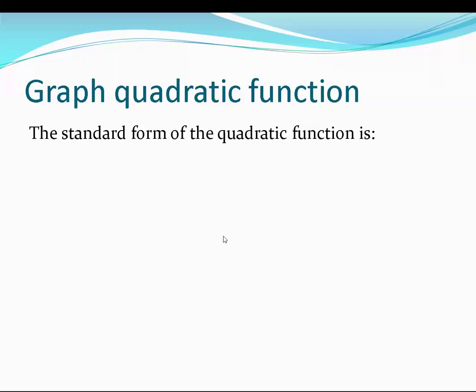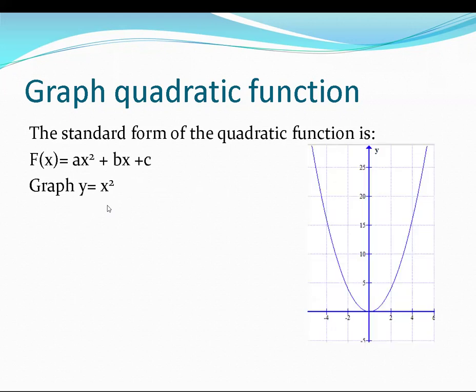Graph quadratic functions. The standard form of a quadratic function is f(x) equals ax squared plus bx plus c. Graph y equals x squared.